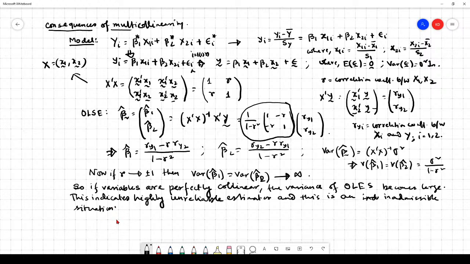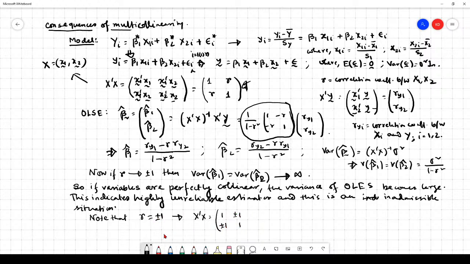Note that r equal to plus or minus 1 means the variables are perfectly linear. When x1 and x2 are perfectly linear, this implies X prime X is 1, plus or minus 1, plus or minus 1, 1.